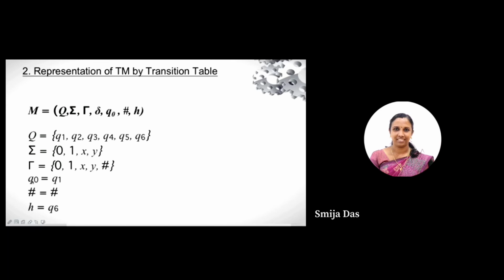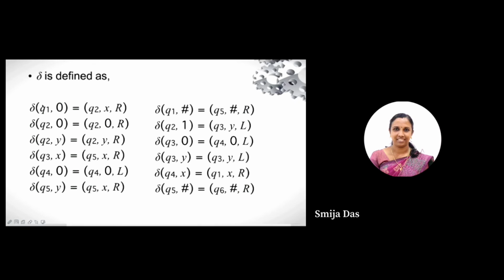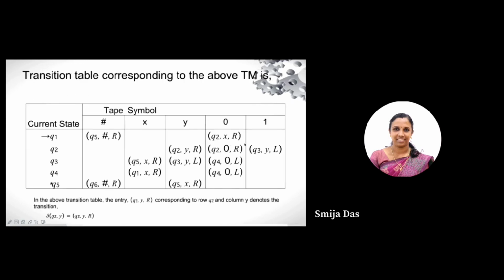Then the start state is represented as Q1 and the blank symbol is hash, and the halt state is Q6. The remaining symbol is delta, that is the transition function. For this example, the transition function is defined like this. Now we can represent this transition function in a transition table.